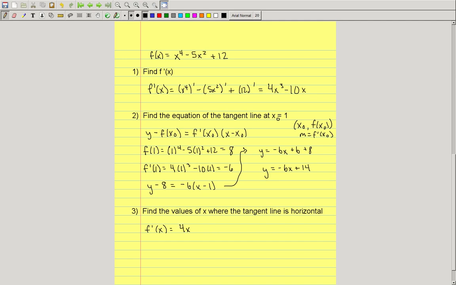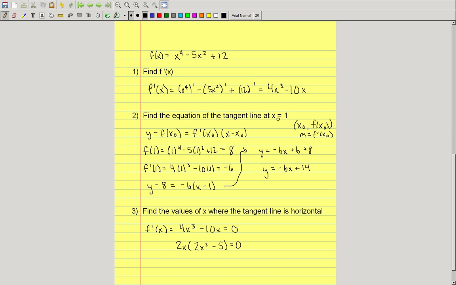So we get 4x cubed minus 10x equals 0. And in order to find where this is 0, we're going to go ahead and factor it. So we write it as 2x times 2x squared minus 5 equals 0.